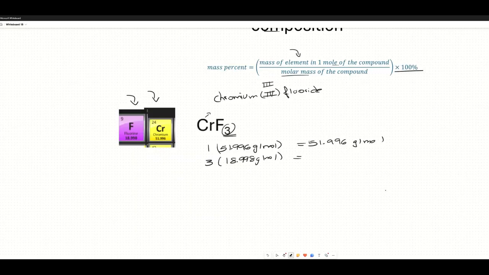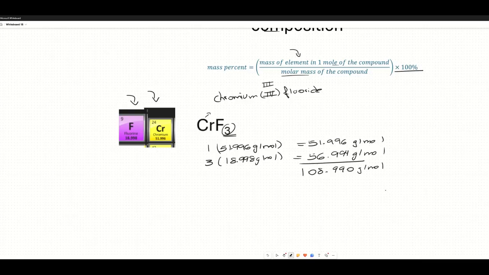Multiplying, 3 times 18.998 is 56.994 grams per mole. Adding all together, 51.996 plus 56.994 is 108.990 grams per mole.